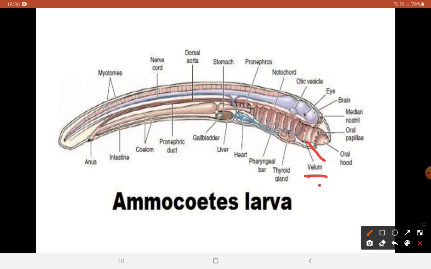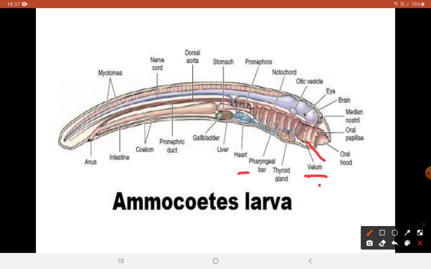Controls in the sense it regulates the entry of water current into the pharynx, and then it continues posteriorly into the esophagus. There are 7 pairs of gill pouches, each with an internal gill slit. You can count the number of pharyngeal gill bars here, which amounts to 7, and each one contains an external gill slit which opens into the exterior.